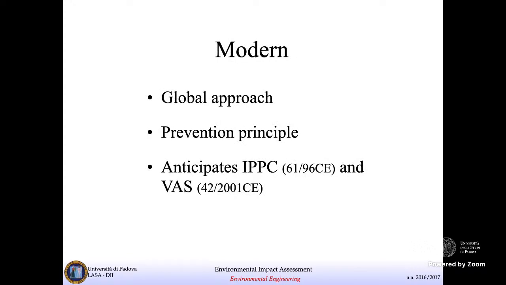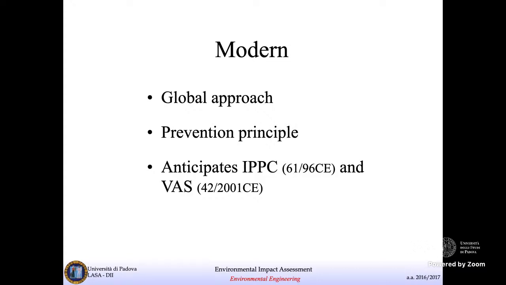Modern, because it is a global approach. Global meaning we try to include a global perspective. It has a prevention principle, so the idea is to implement protection action in a preventive way.